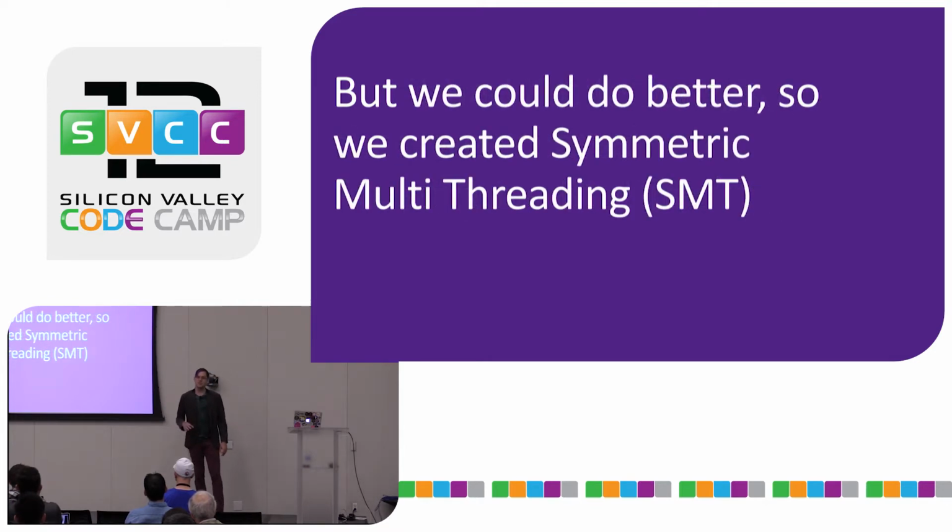But we could actually take this even further. In 2005, we got the first multi-core CPU. At this point, we had hardware support for running more than one program at a time. And so hardware researchers and software researchers started getting together and saying, how can we work together to improve parallel performance even more?